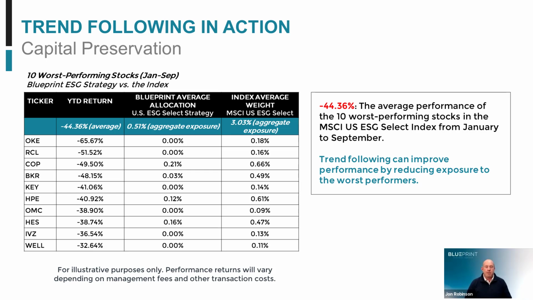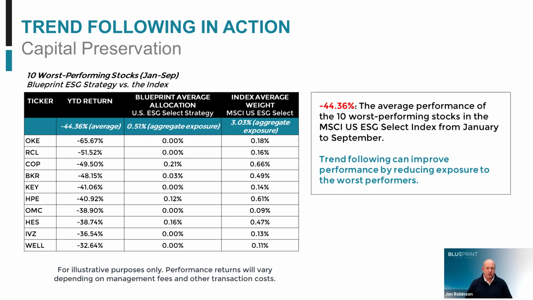So by doing something as opposed to doing nothing, we were able to avoid a huge majority of the downfall that these stocks have generated this year simply by reallocating away from them on the basis of trend. And so, it's been our experience that trend following can improve performance by reducing exposure to the worst performers.